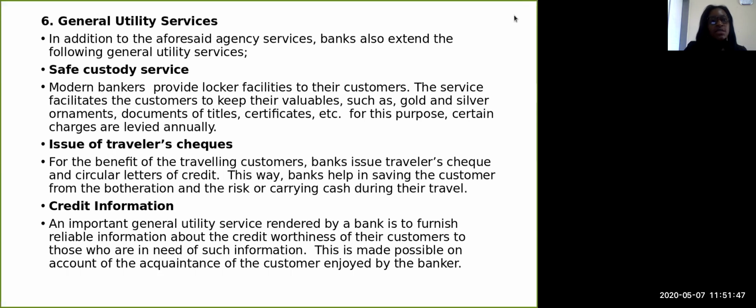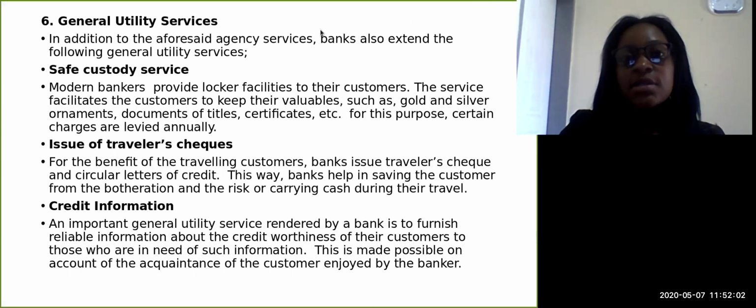The first one is safe custody service. Modern bankers provide locker facilities to their customers where they may store their durable goods for safekeeping.